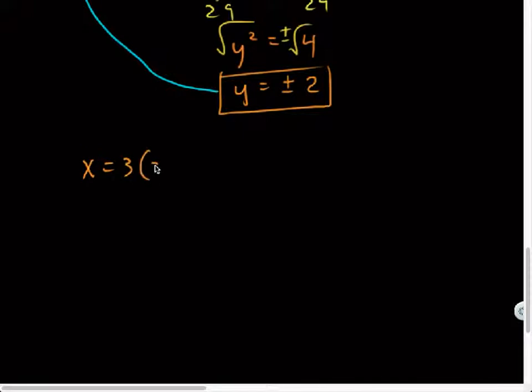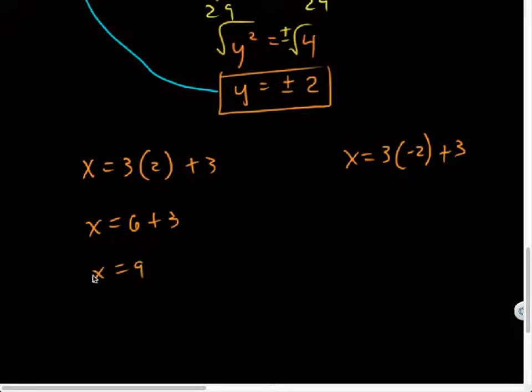x equals 3 times positive 2 plus 3, or x equals 3 times negative 2 plus 3. There's 2 possible things for y, so I have to actually plug in both of them to find their corresponding x coordinates. So x equals 6 plus 3, or x equals 9. And over here, x equals negative 6 plus 3, or x equals negative 3.